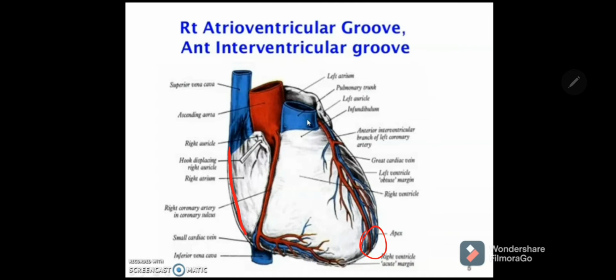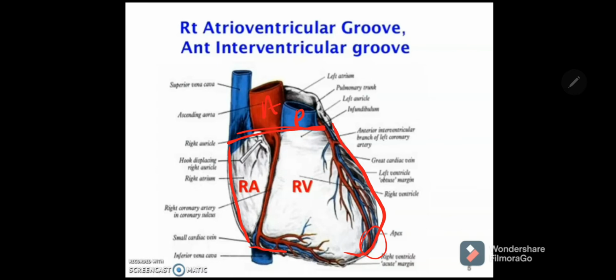You can see the right border, inferior border, and the left border. The superior border is obscured by the origins of the ascending aorta and pulmonary trunk, and you are noticing the openings of the superior vena cava and inferior vena cava. So the heart has an apex, base, sternocostal surface, diaphragmatic surface and left surface, and four borders that you can notice.